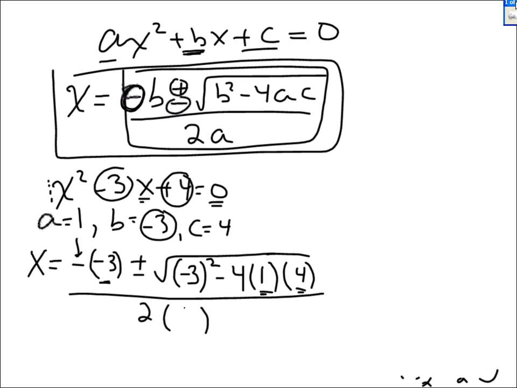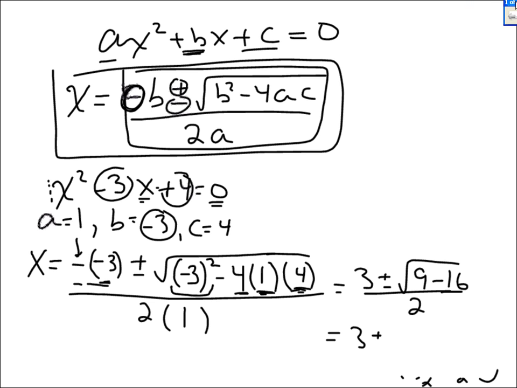A negative 3 is positive 3, plus or minus the square root of negative 3 squared, which is 9, minus 4 times 1 times 4, which is 16, divided by 2. So we get 3 plus or minus the square root of negative 7.